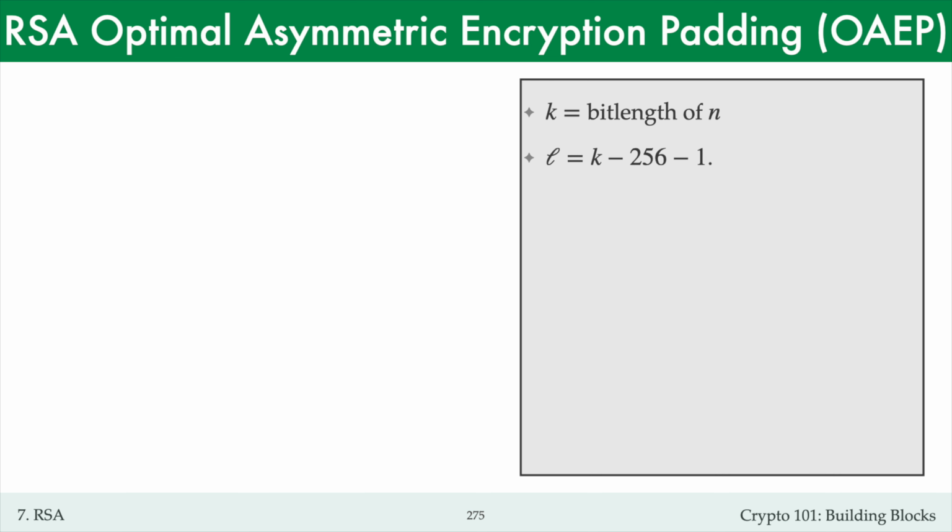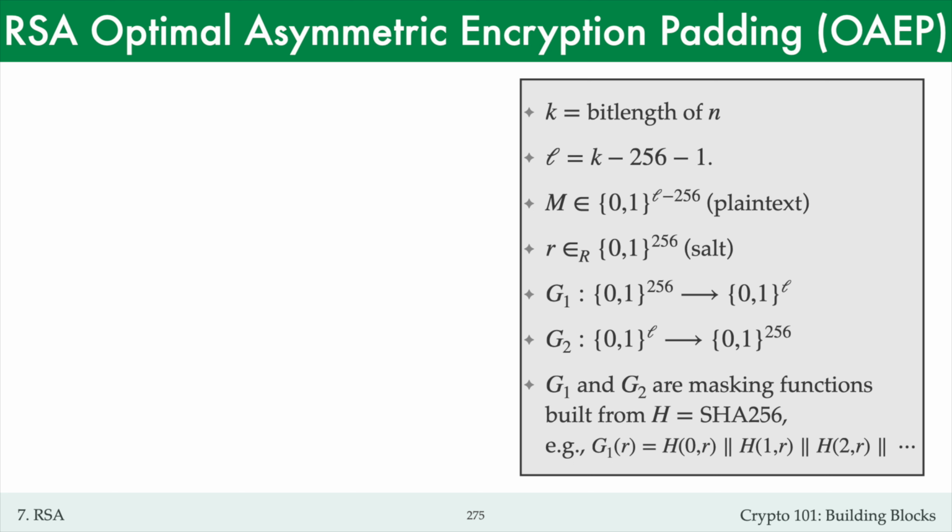Let L be k minus 256 minus 1. I'll assume that M, the plaintext, has bit length L minus 256. If M is smaller, then it could be padded in some way to get a string of length exactly L minus 256. R will denote a randomly selected 256-bit salt.